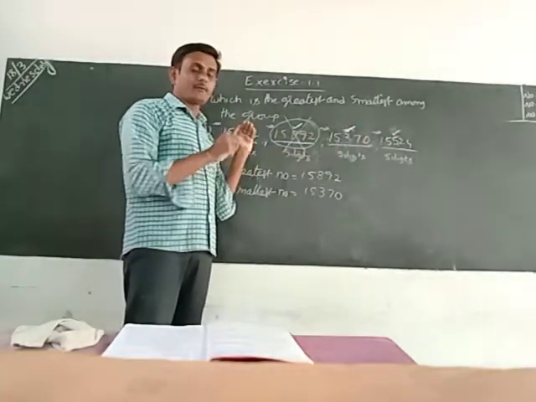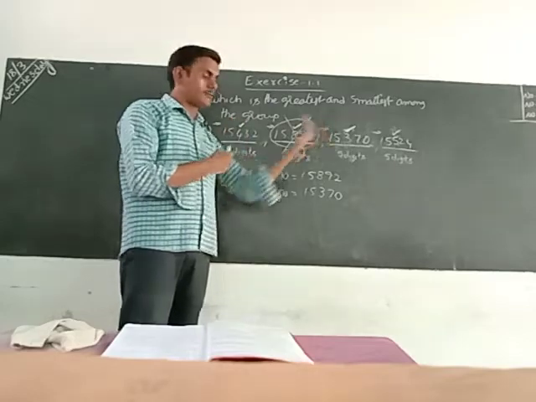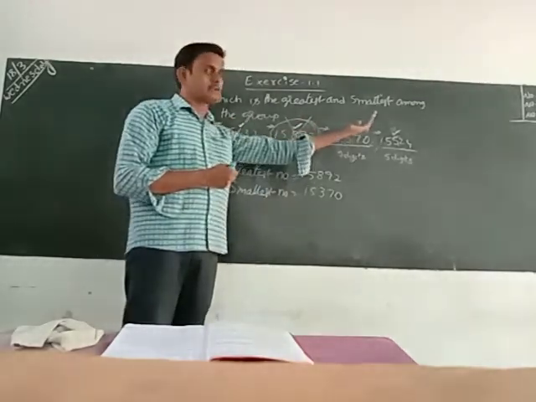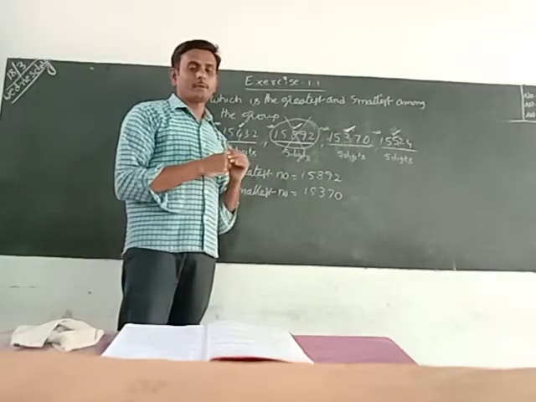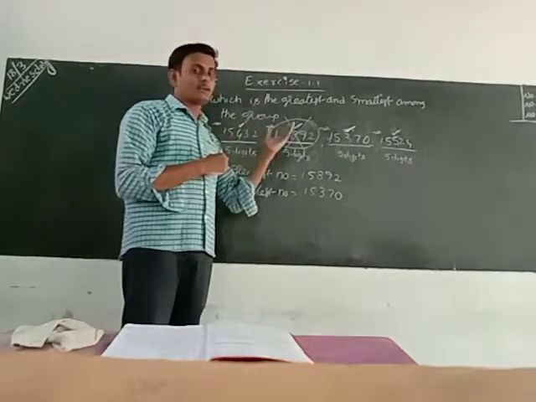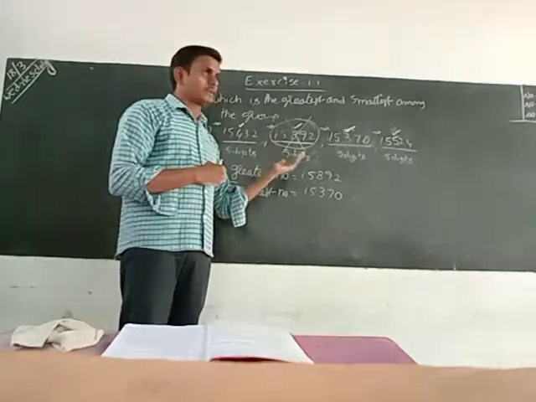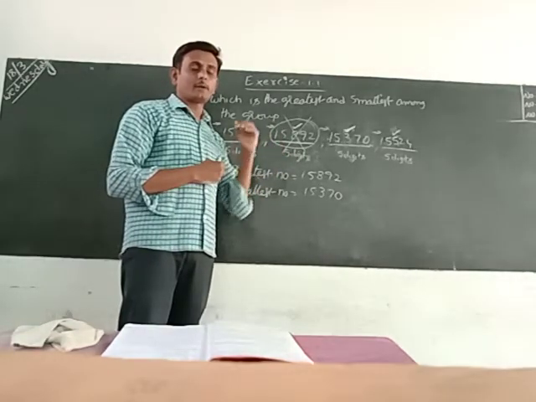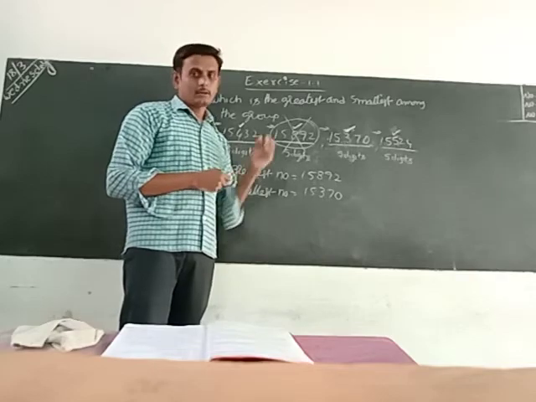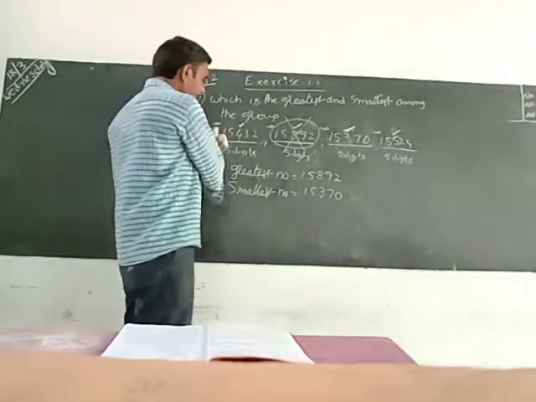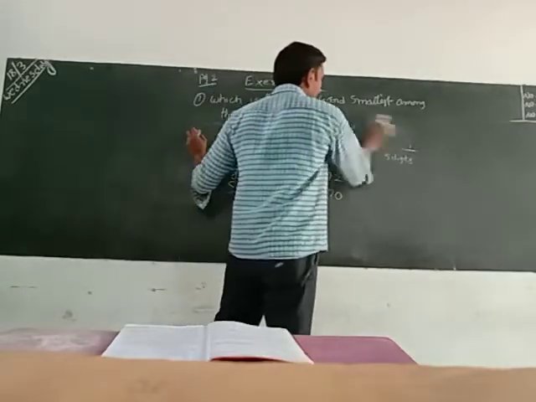Whenever the first digits are the same in all 4 numbers, go for the second digit. Like that, we continue comparing until we get different digits. Okay, we can take one more example here.